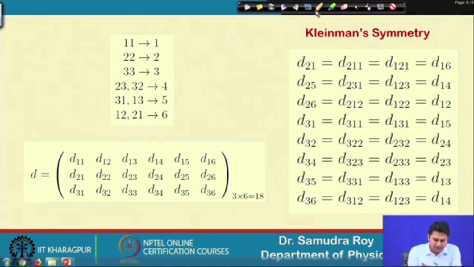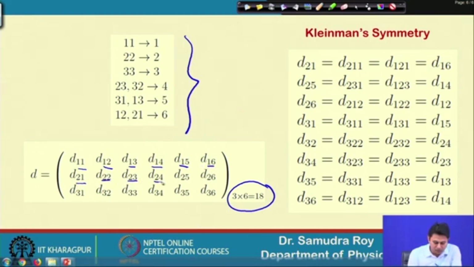For example, this is the contraction notation, that is, my contraction in terms of 11, 22, 33 which is going to be 1, 2, 3 eventually, and these are the 18 different terms in the D matrix: D11, D12, D13, D14, D15, D16, all are distinct, D21, D22, D23, D24, D25, D31, D32. So, all are distinct terms here, 18 distinct terms. This was our initial D matrix after applying the permutation symmetry.